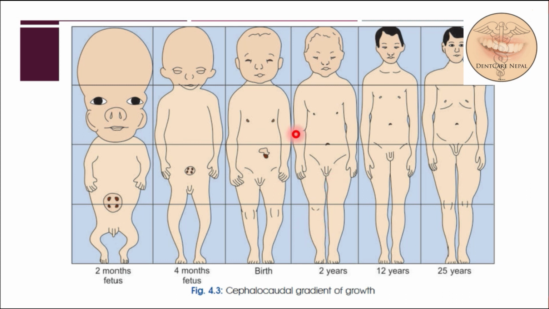With growth, the face becomes less convex as the mandible grows. Within the body there is a cephalocaudal gradient, and within the head and face also. So the mandible, being farther away, grows more and matures later than the maxilla.